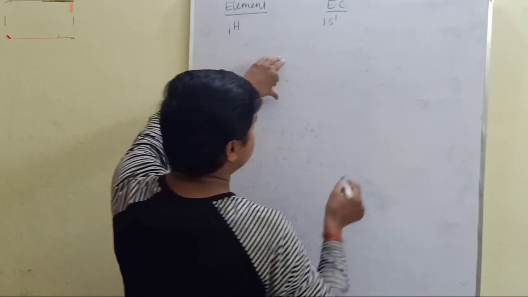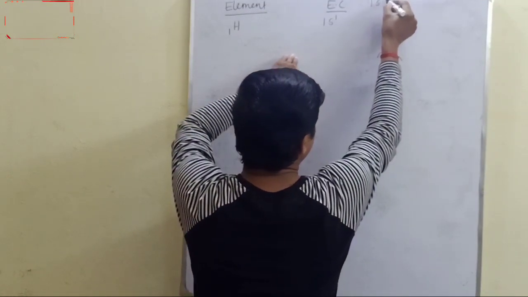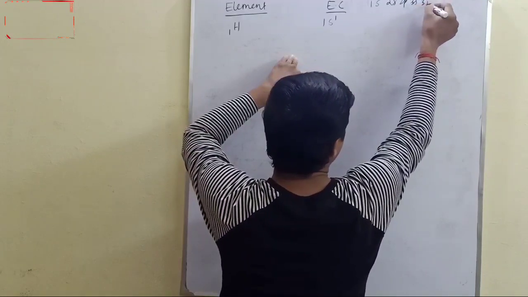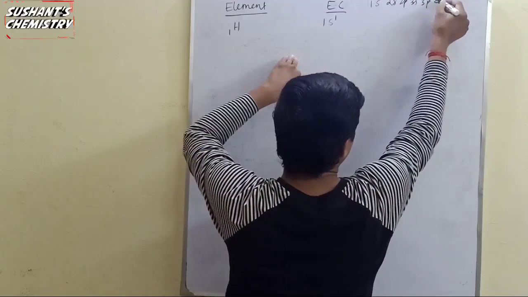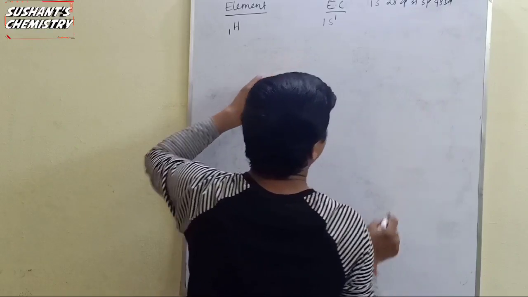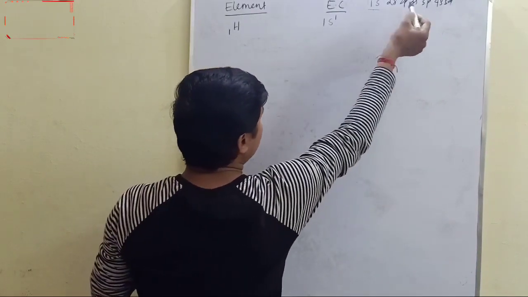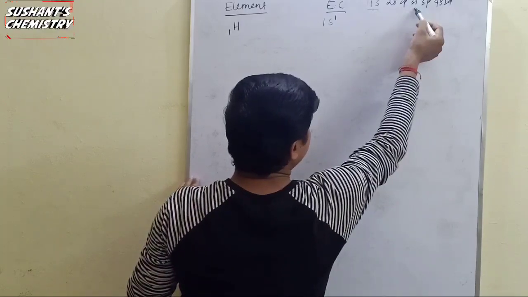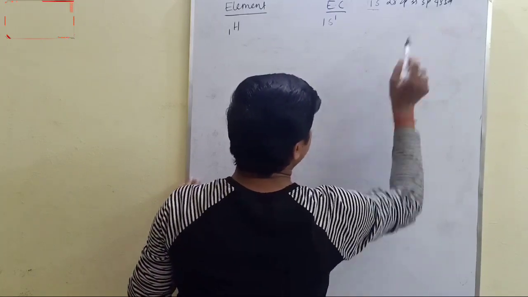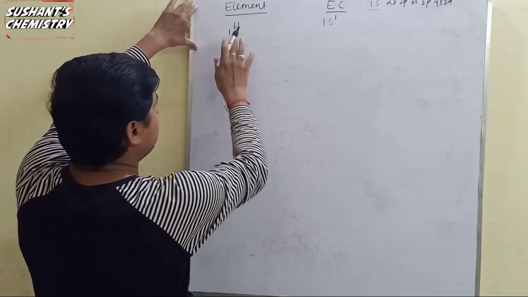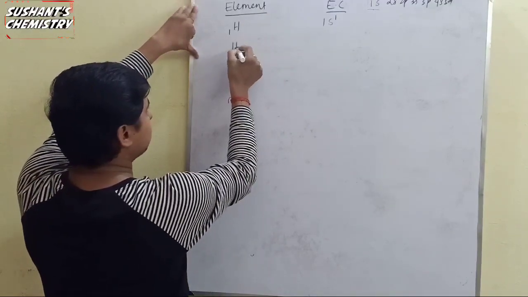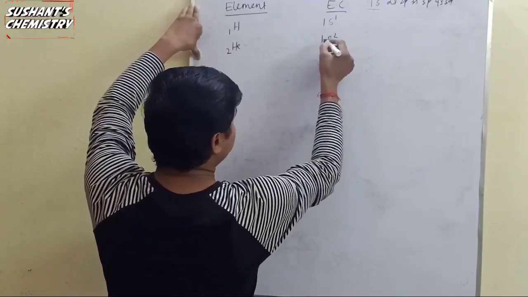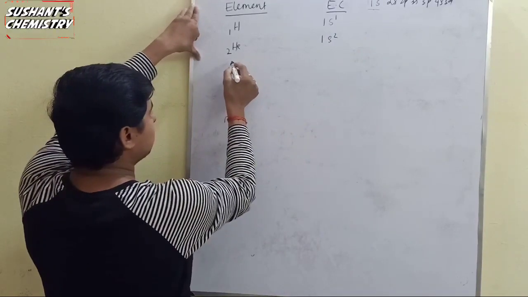We fill up the electrons in the manner first 1s, then 2s, then 2p, then 3s, then 3p, then 4s, then 3d. Okay, hydrogen 1s1, helium 2, that is 1s2, s filled up, helium.